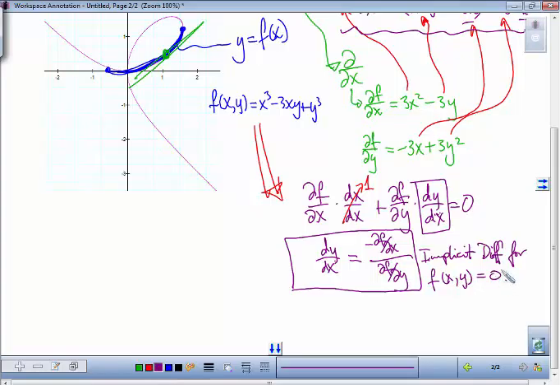So if we had a relation between x and y, and we're looking at a two-dimensional relation graph that may or may not be a function, we can do implicit differentiation by bringing everything over to one side, pretending that we have a function of x and y that's equal to 0, and then we can simply use this formula to get our implicit differentiation problem.